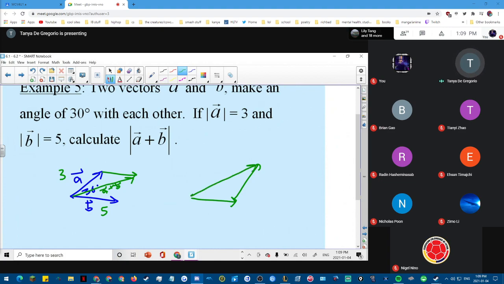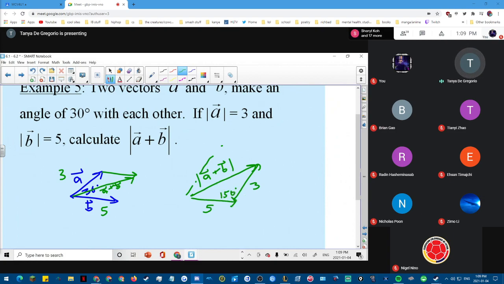And I want to use that 30 to help me solve this. And this is what we're looking for. The magnitude. So if I know that this angle is 30, I can use the C pattern to find the angle I need. And the C pattern tells us that these two angles must add up to 180. And so I know that that must be 150.